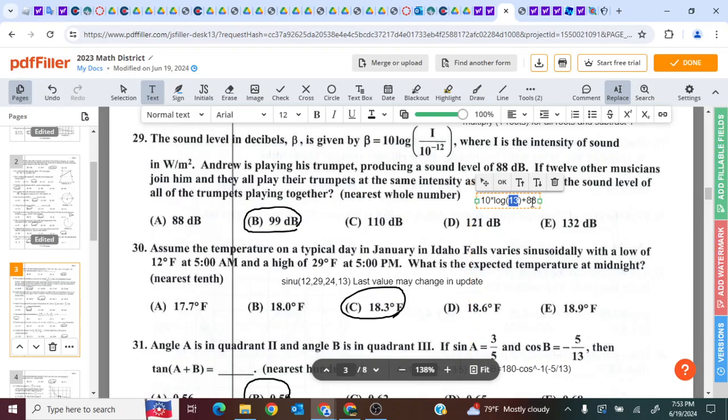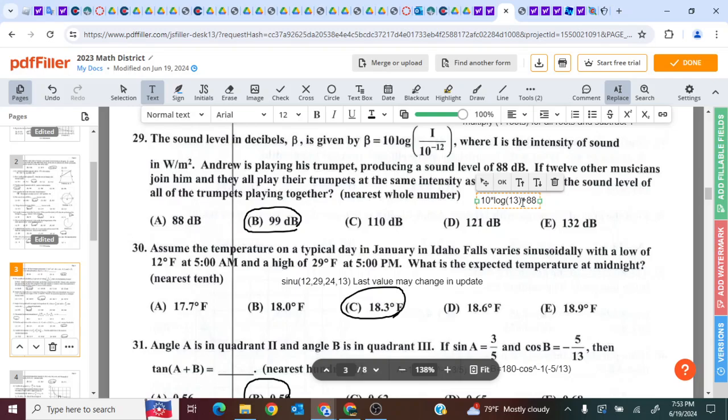Basically 10 times log base 13 plus 10 times log of Andrew's trumpet, which is given to be 88. So you simply put that in your calculator and you get a dB of 99.